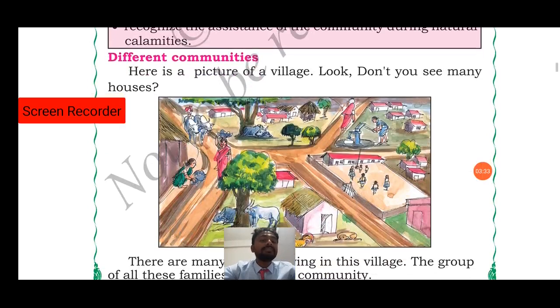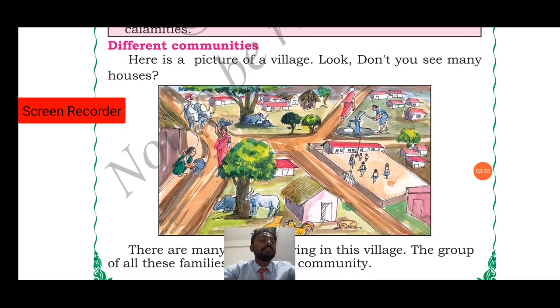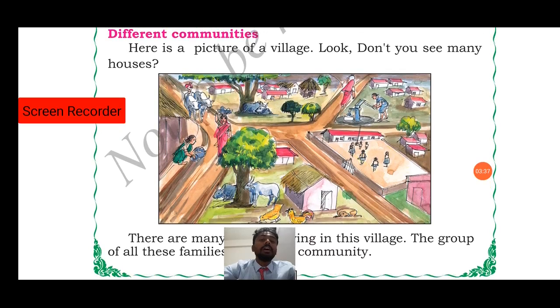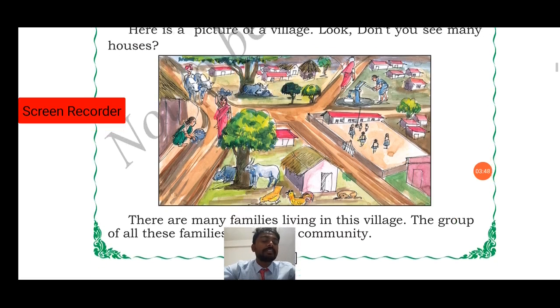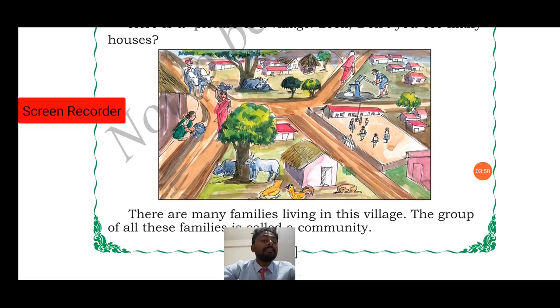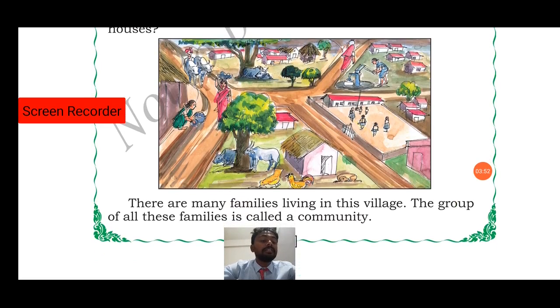You can see the first one is different communities. Here is a picture of a village. See, look, don't you see many houses? There are many families living in this village. The group of all families is called a community.